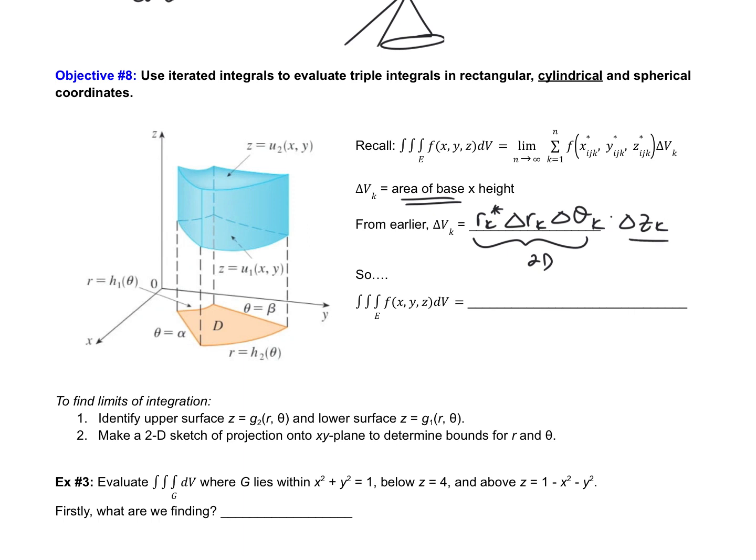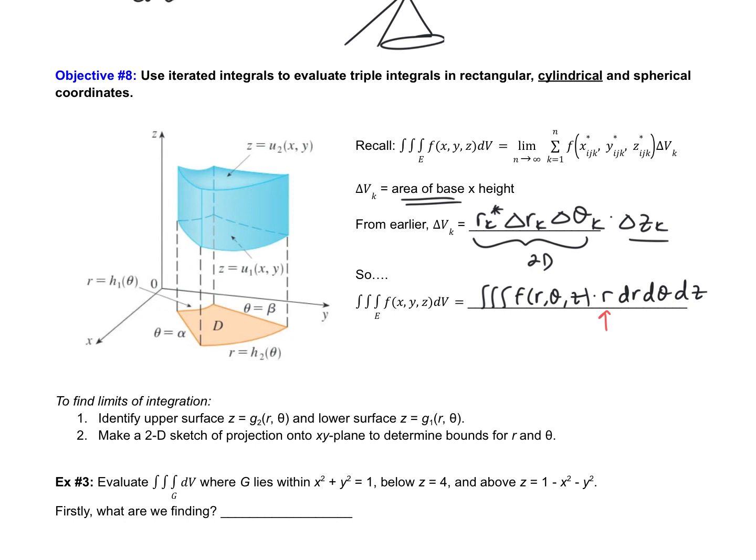So what that becomes then is our triple integral of f of r, theta, z. When we convert to cylindrical, we get another r, and then we have dr d theta dz. So it's going to be very similar to what we did before. Remember, you're going to get an extra r.